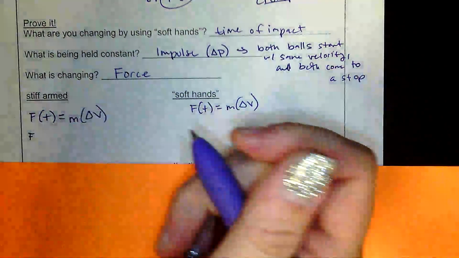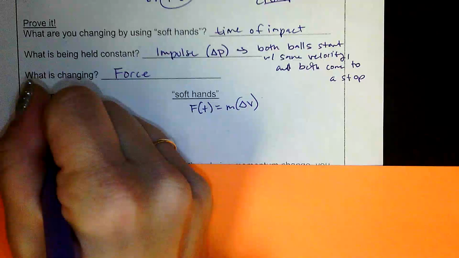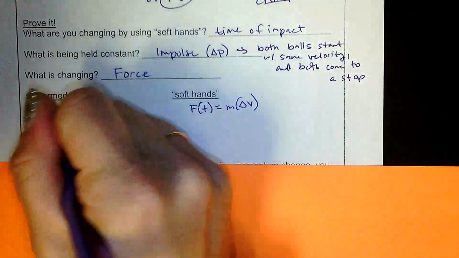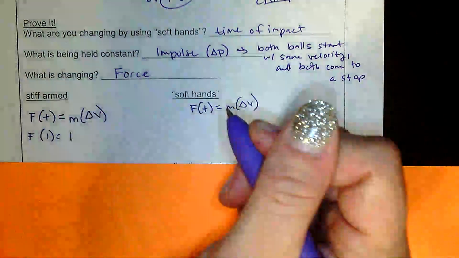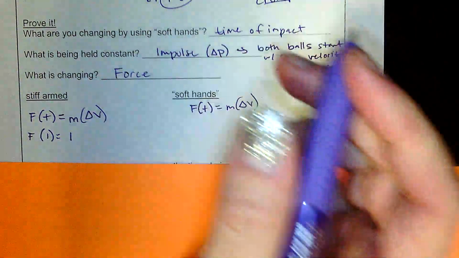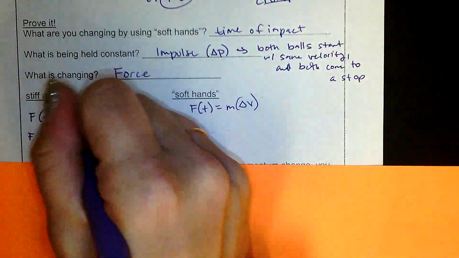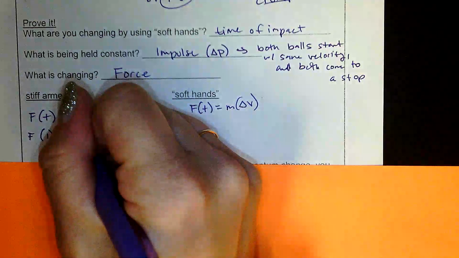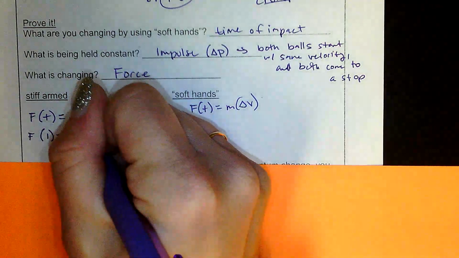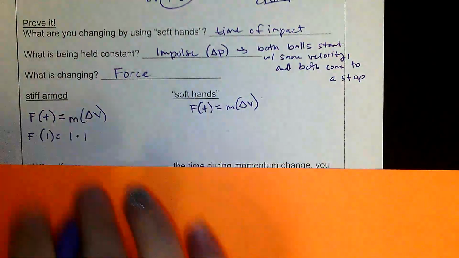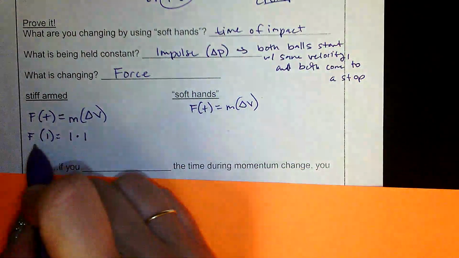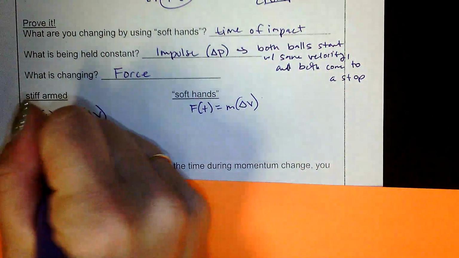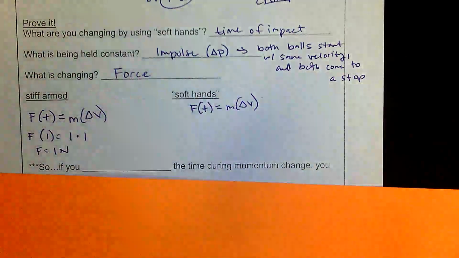Let's say we caught it in a time of 1 second using stiff arm. Mass of the baseball was 1 kilogram, and it was going 1 meter per second and came to a stop. So the change of velocity is going to be 1 as well. Might be a -1, but it's okay for what we're doing right here. So if I'm solving for force here, I get a force of 1 Newton felt on my hands.